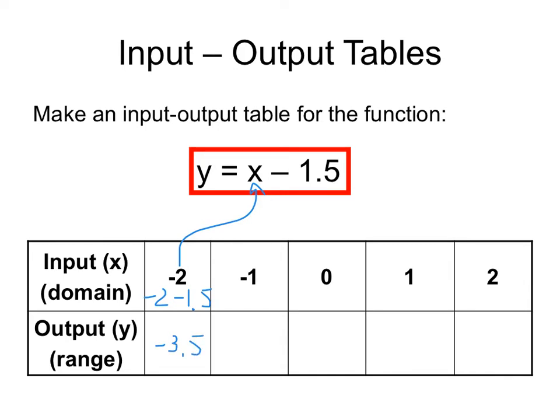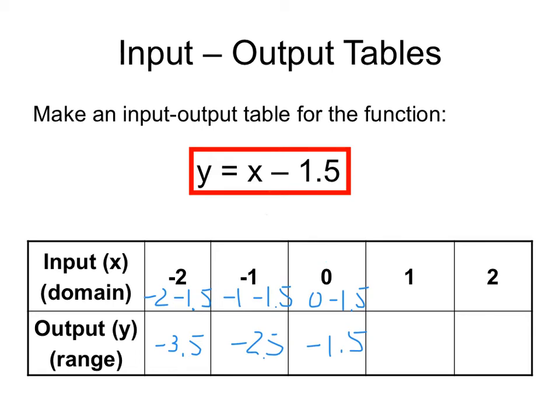Now, let's get rid of this, and instead I'm going to insert negative 1 for x. So I have negative 1 minus 1.5, which would be negative 2.5. Then we're going to insert 0 for x. So I'll have 0 minus 1.5, and 0 minus 1.5 is negative 1.5.